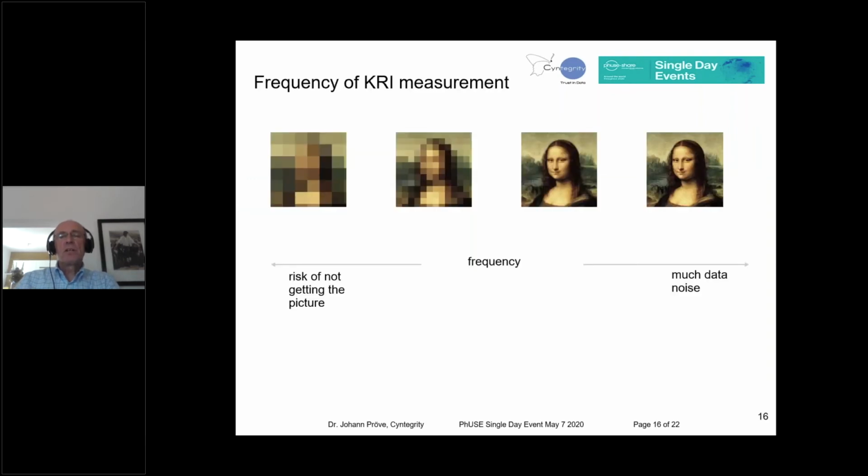What many companies struggle with is the frequency of the KRI measurements. So should we run the analysis every day, or should we run it every month? And I think the critical exercise is to understand the study. And Steve just mentioned a study that they handled with a vaccine.